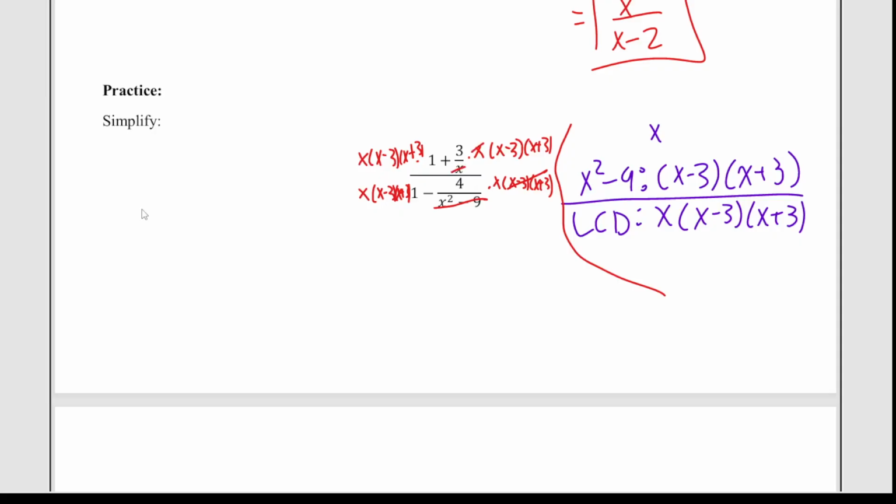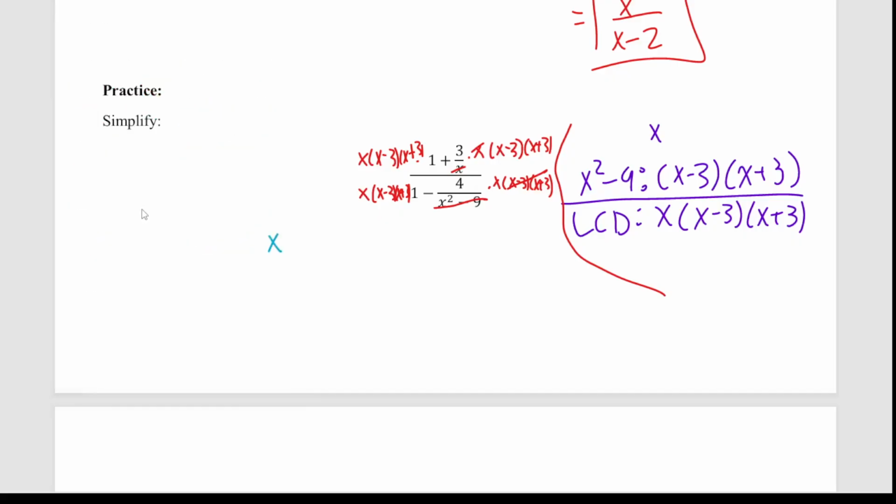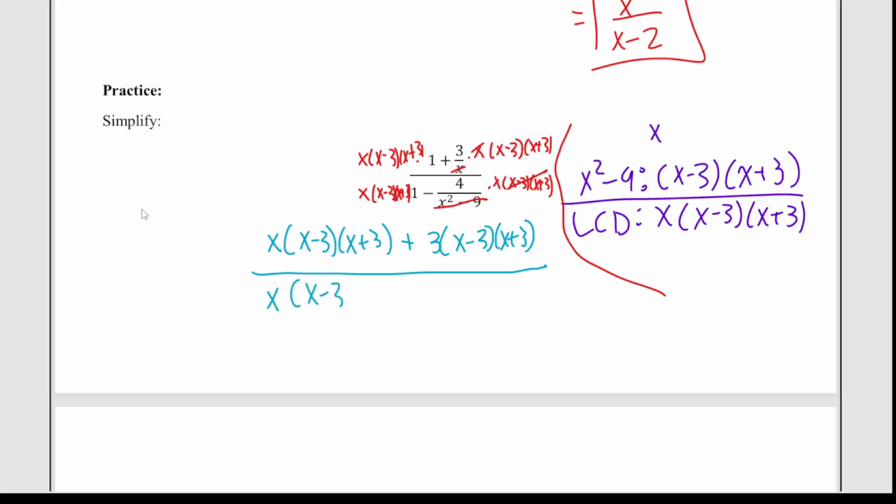X divided by x is also going to cancel to make 1. And I'm going to be otherwise left with x minus 3, x plus 3, plus 3, x minus 3, x plus 3, all over x times x minus 3, x plus 3, minus 4x.